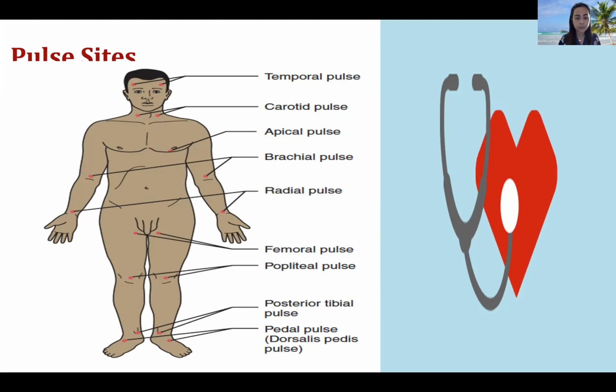We also have the posterior tibial pulse and the pedal pulse, or the dorsalis pedis pulse. So these are the pulse sites that you should be familiar with.